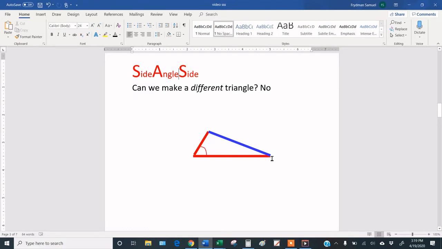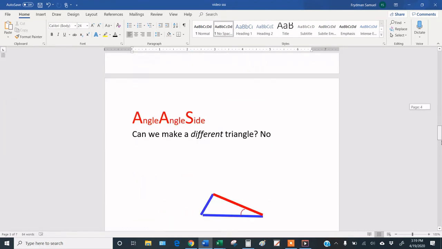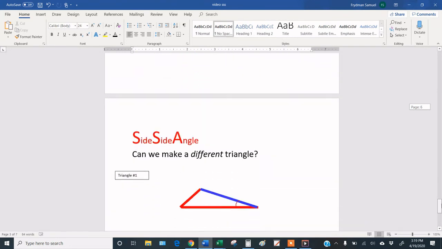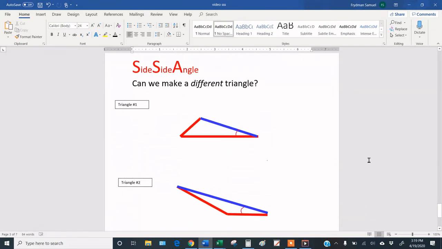So the locked angle is between the two locked sides, whereas in the triangles that we're looking at now with the SSA conditions, the locked angle is not between the two locked sides. In this triangle or in this one, the locked angle is not in between the two locked sides. So it's not the same as the SAS conditions that we looked at earlier.